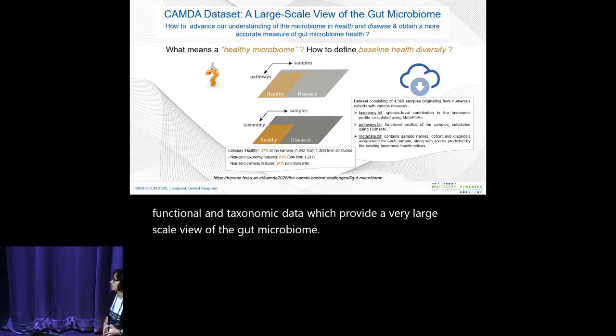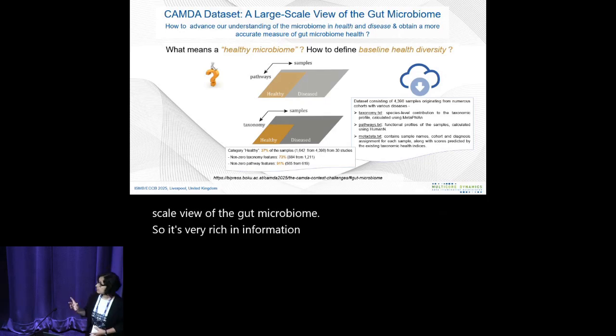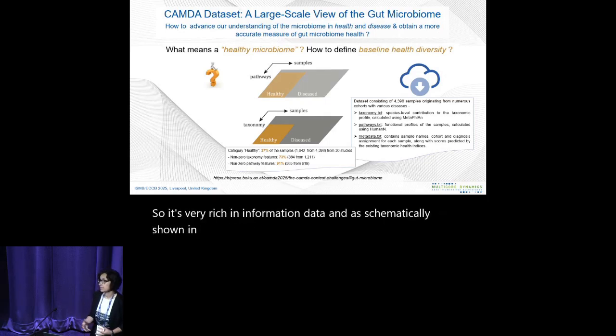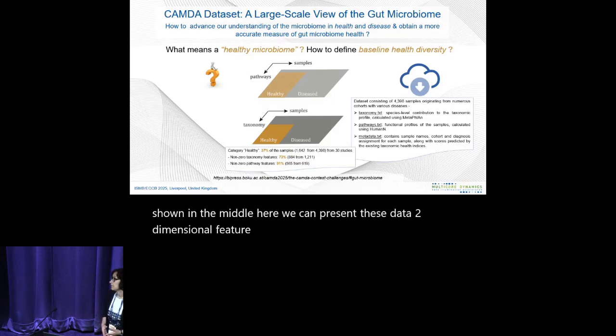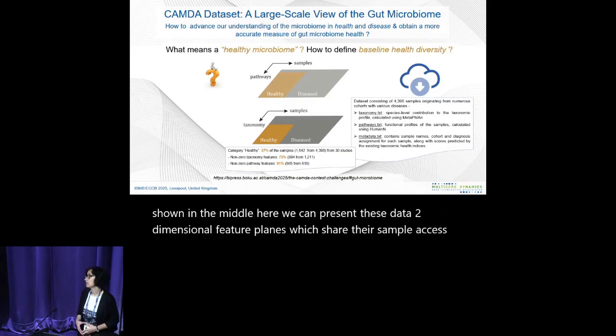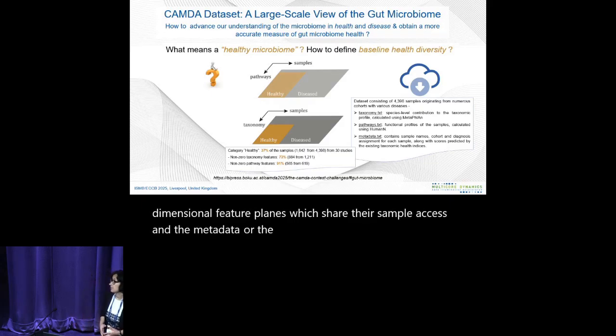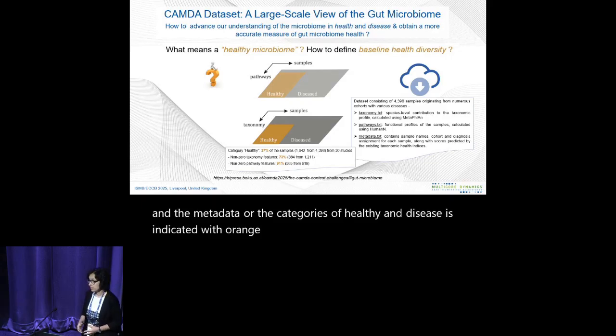So it's very rich in information. And as schematically shown in the middle here, we can present this data as two-dimensional feature planes which share their sample axis. And the metadata or the categories of healthy and disease is indicated with orange and gray color respectively.